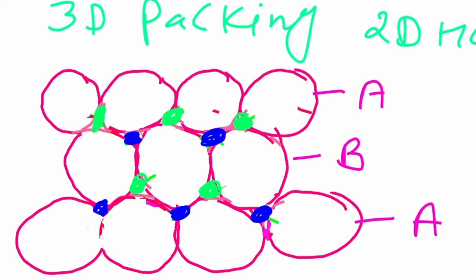So when we are going to put the sphere, please see it very carefully. How are we going to put the sphere? We can put the sphere on the green voids or on the blue voids. One time, only on one we can keep the sphere. Suppose we are going to put the sphere over the blue color voids. You please see it, all of you, very carefully.